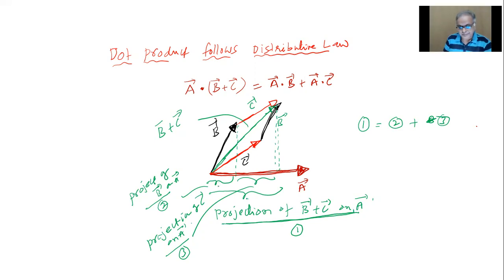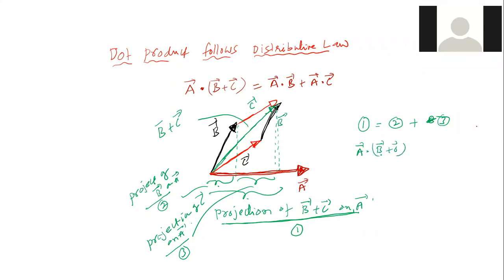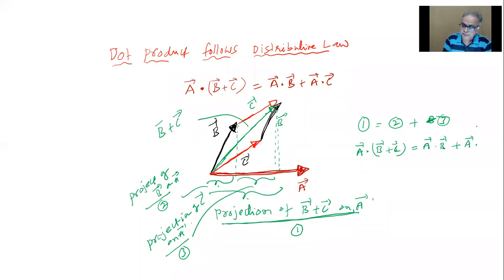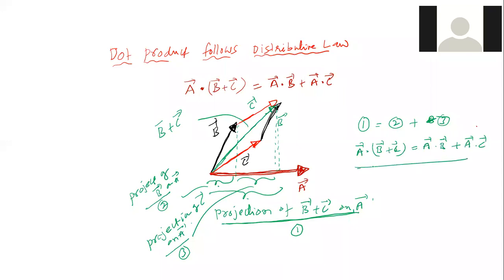You can see with your eyes. So what is 1? This is A bar. And what is 2? And what is 3? That's it.